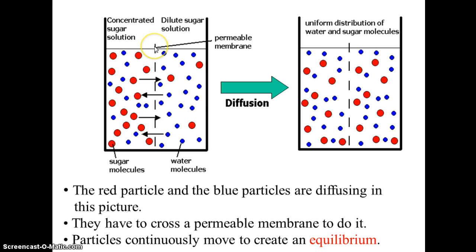So both sugar and water can cross through that membrane. In this illustration, the red particles and the blue particles are diffusing. They're going across that membrane. And they're going to continually move until they reach an equilibrium situation, where there's approximately the same number of molecules on either side of that membrane.